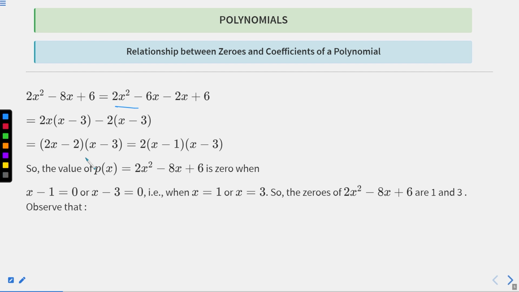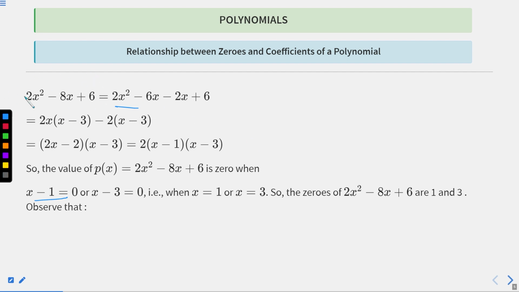So the value of p of x, that is 2x squared minus 8x plus 6, is 0 when x minus 1 is equal to 0 or x minus 3 is equal to 0. Here we first factorize this quadratic polynomial into linear factors, as 2 times x minus 1 times x minus 3.